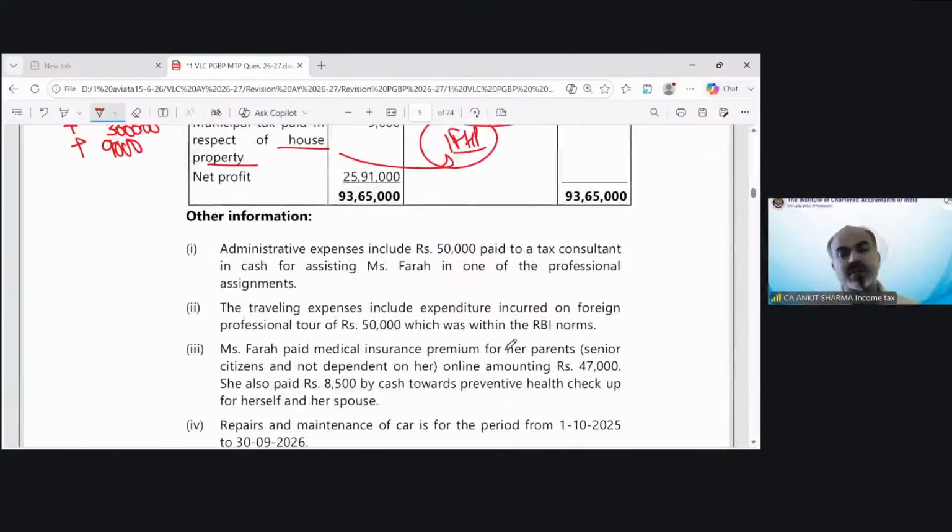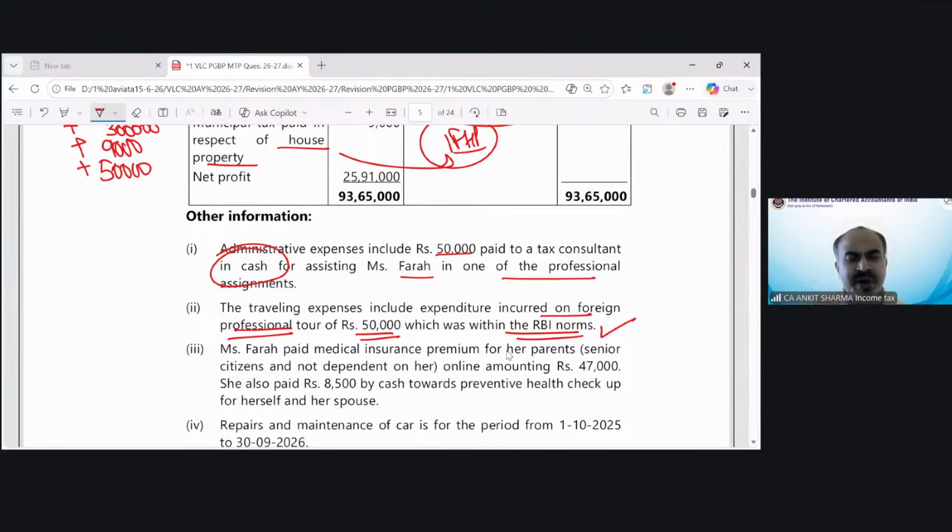Next, additional information. Administrative expenses include rupees 50,000 paid to a tax consultant in cash for assisting Farah in one of the professional assignments. So we cannot pay cash more than 10,000. So again, this is also going to be disallowed. Traveling expense includes expenditure incurred on foreign professional tour of 50,000, which was within the RBI limit.